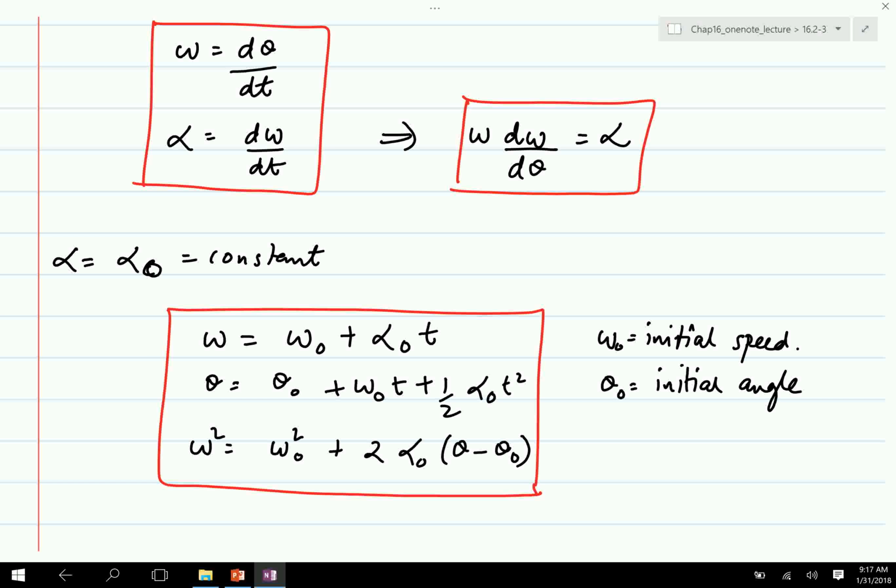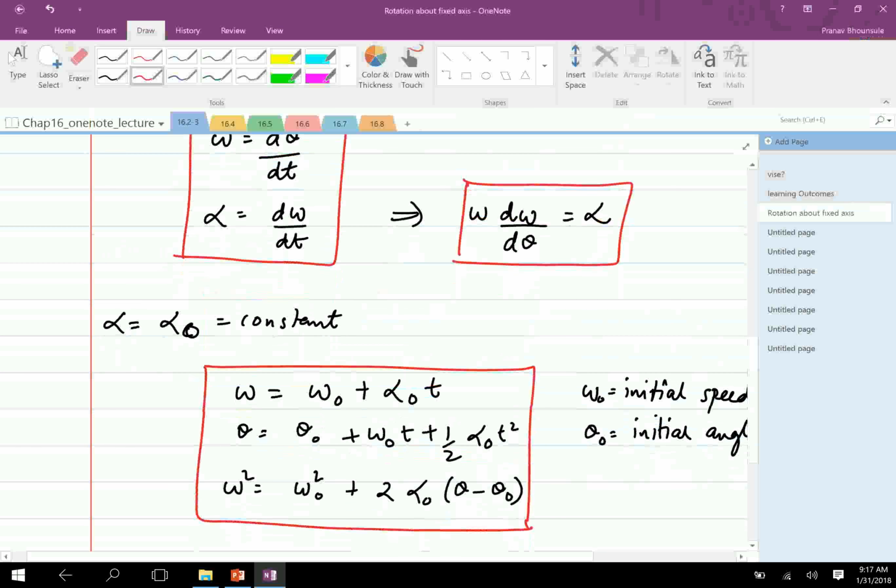The second important thing is how do you relate angular motion to linear motion? In particular, we are interested in finding the position of a point on the rigid body.